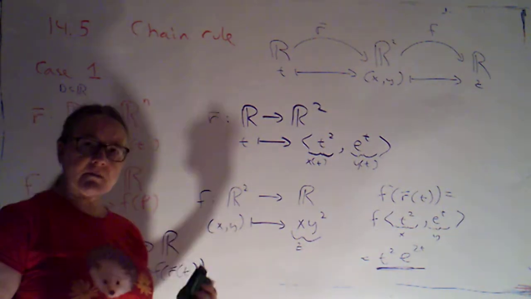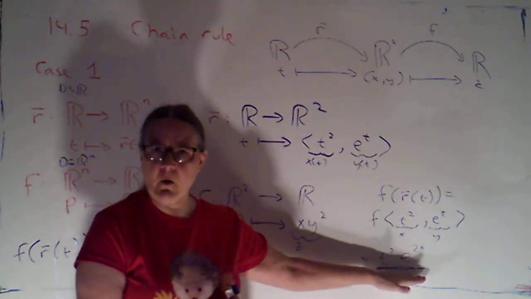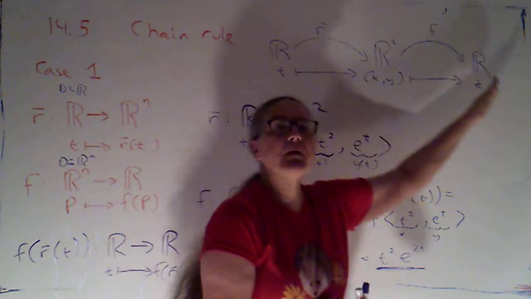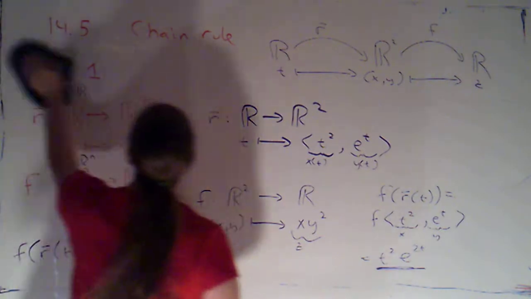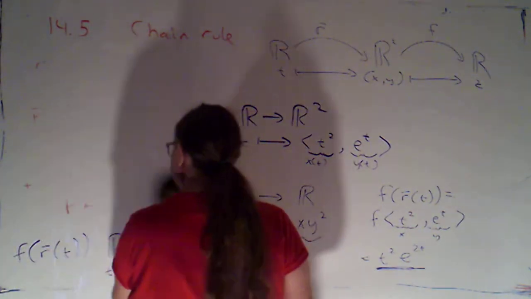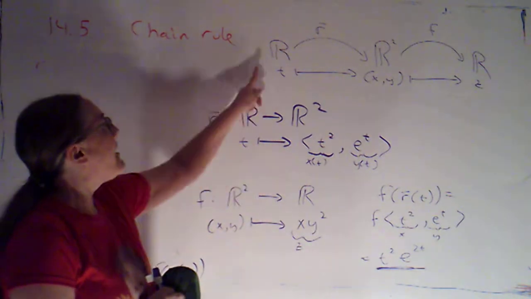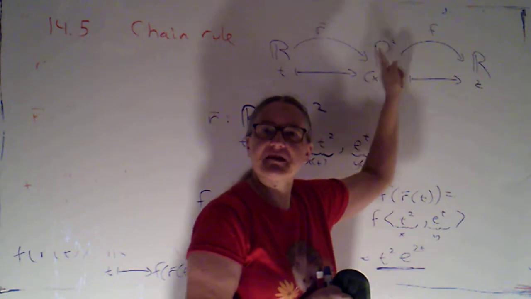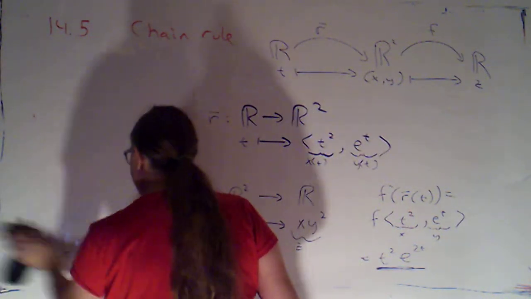And that's because sometimes we're going to be concerned not just with the end result, this is the formula that I got, but with the process by which we built that thing. Okay. And the chain rule is going to allow us to find the derivative of the ultimate product here in terms of derivatives of the functions that we have along the way. So let's see if we can figure out how that works.